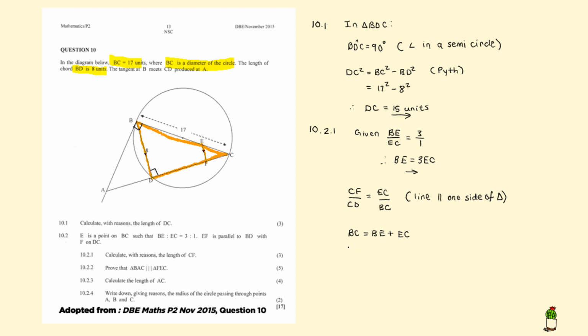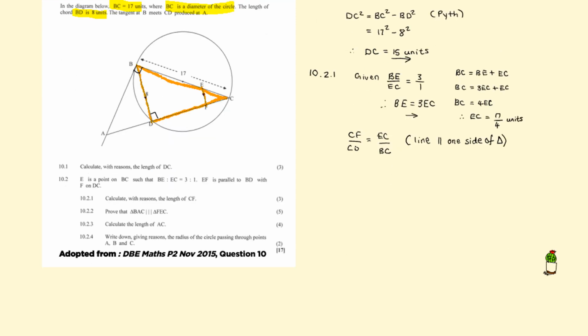So BC is equal to BE, which is 3 times EC, plus EC. So BC is equal to 4 times EC. Therefore, EC is equal to 17 over 4 units.